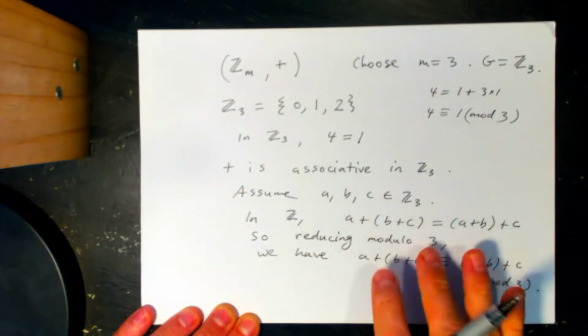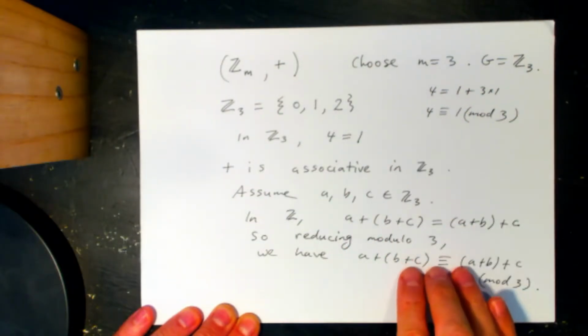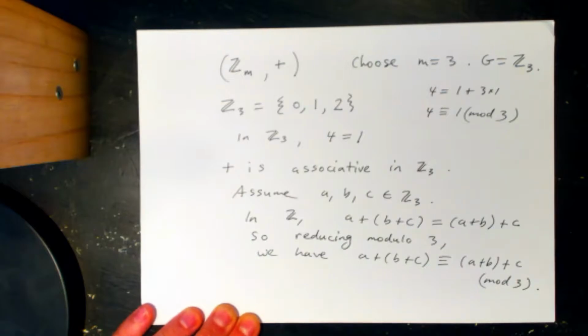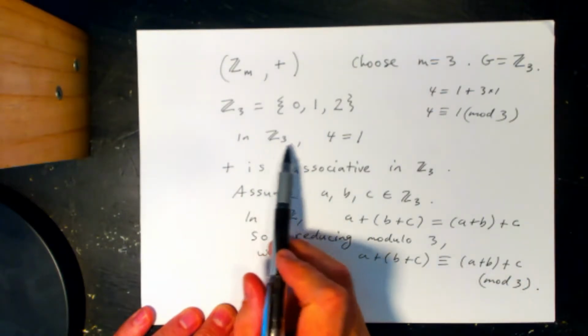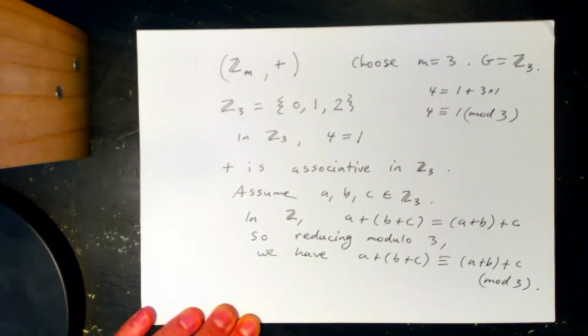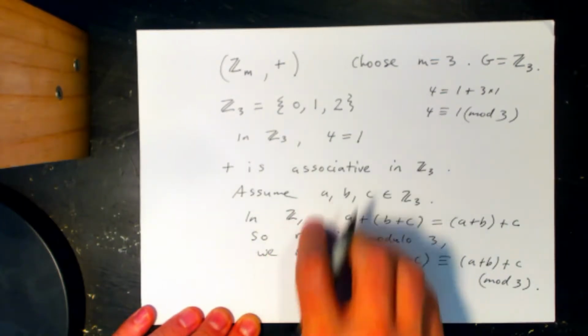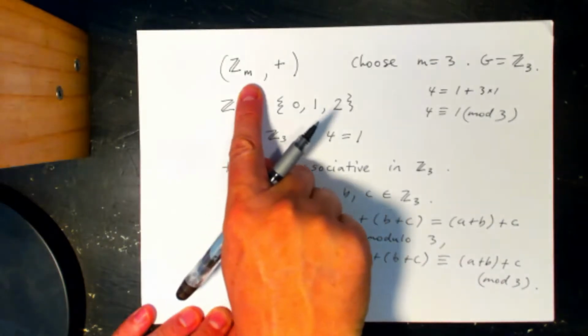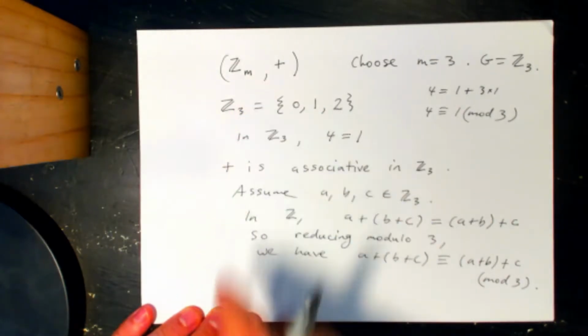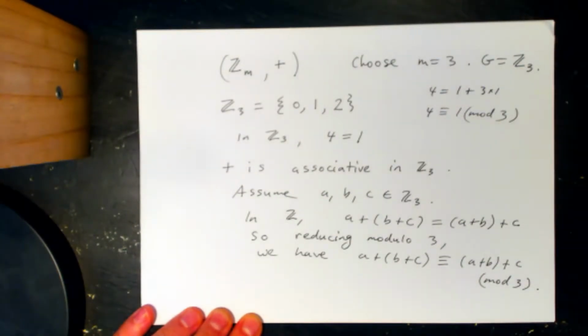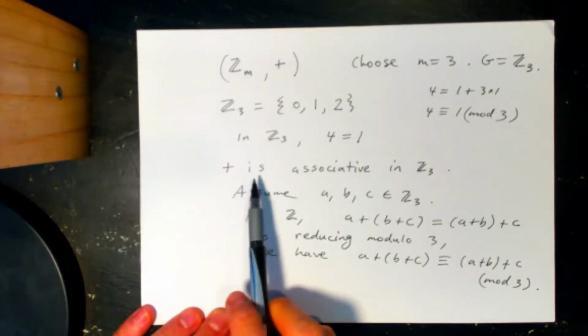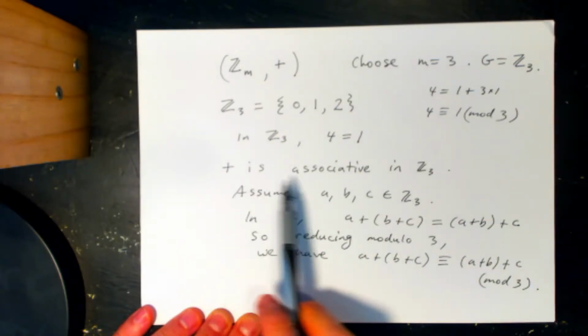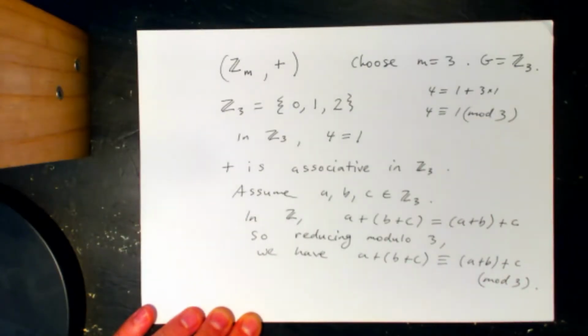And so this property here gets inherited from the integers there. And so we have associativity in the set of remainders mod 3. Okay, but this extends to modulo any positive integer m. So we have associativity of this operation addition in integers mod m.